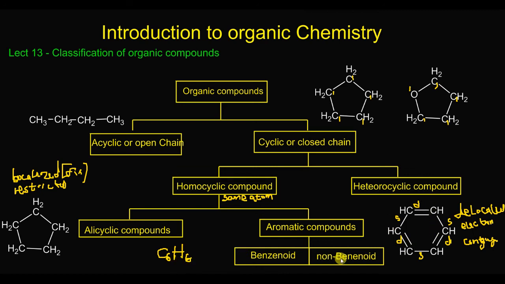But for the non-benzoic one, what it means is that one of the atoms can choose to be oxygen, nitrogen, or whatever. So that's what we call the non-benzoic. The element as part of the ring is not necessarily carbon. It can choose to be nitrogen or whatever. So let me draw one of them so that you can see.